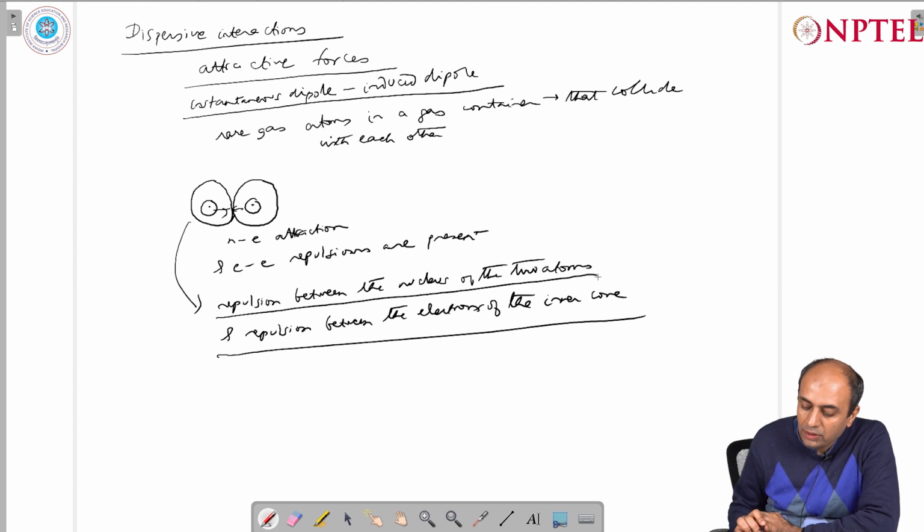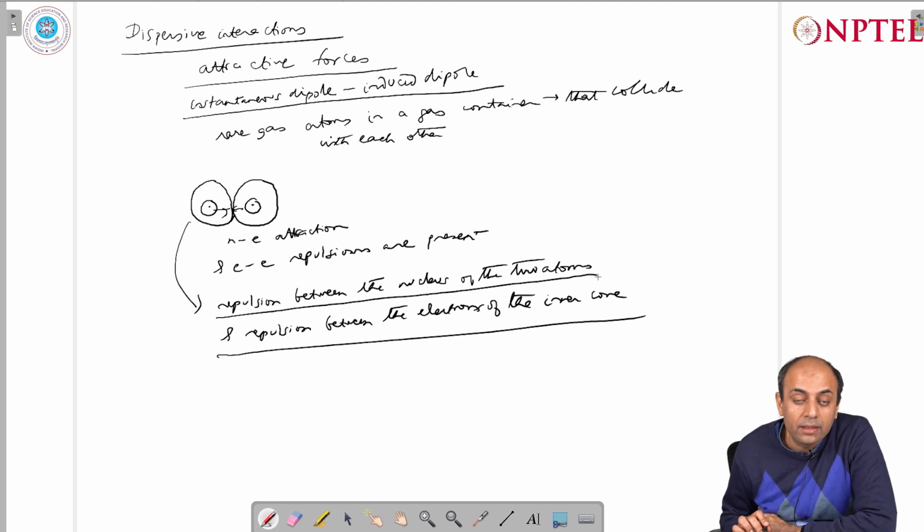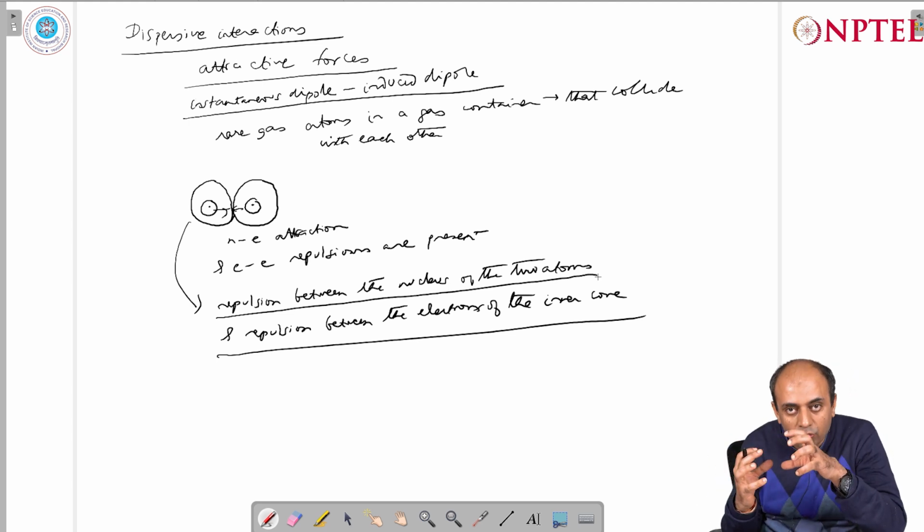So these are the two fundamental forces which now operate when two atoms actually come closer to each other.